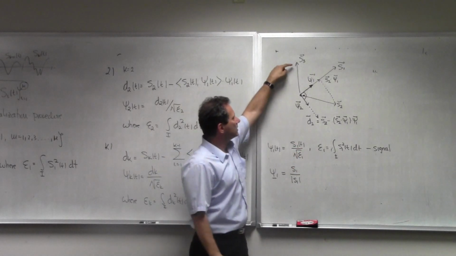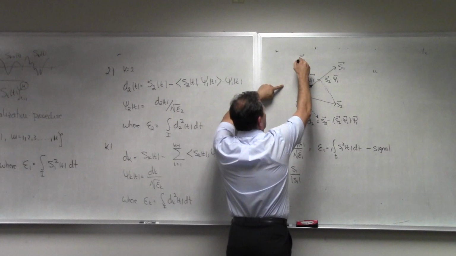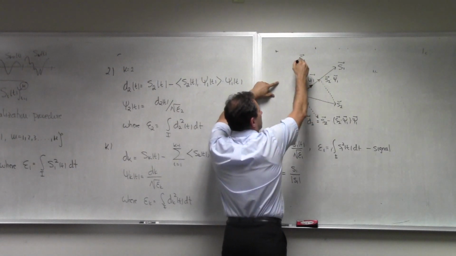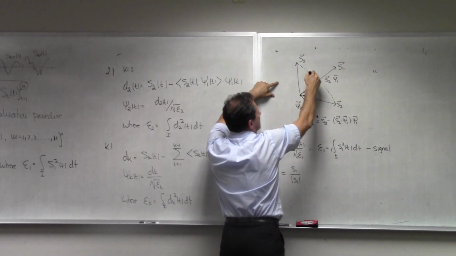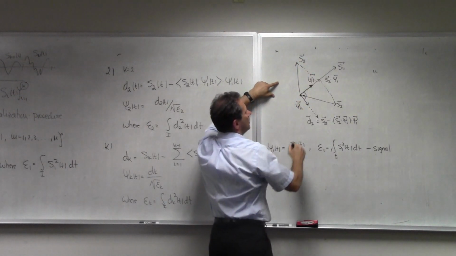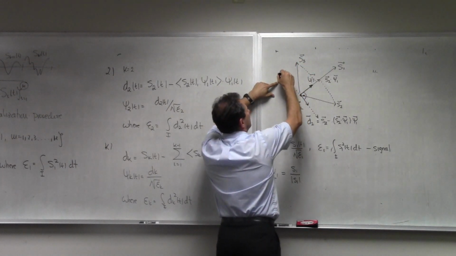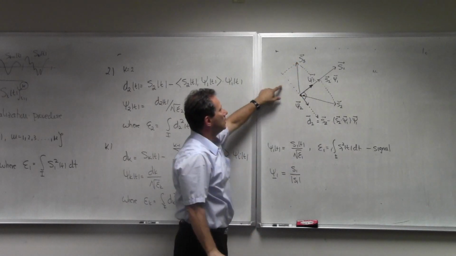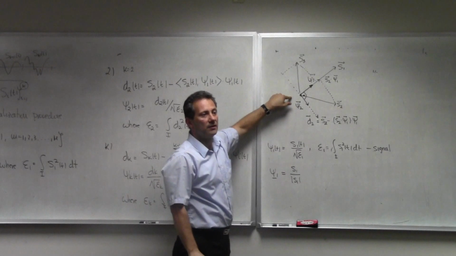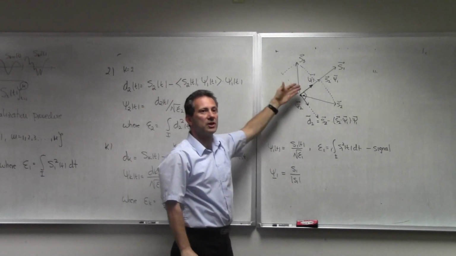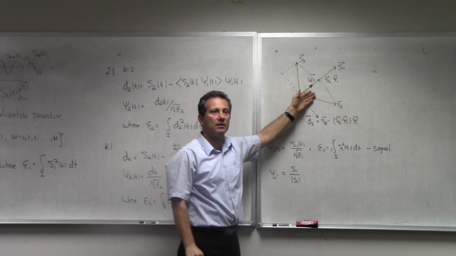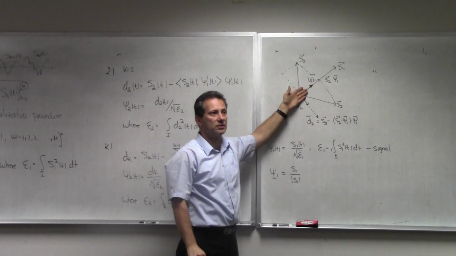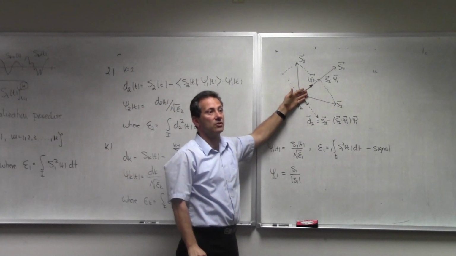Now if I take S3 and I try to do this with S3, here's what you find out. This is S3 projected to the psi1. This is S3 projected to psi2. Is there anything left? If I take S3 minus projection of S3 to the psi1 minus the projection of S3 to the psi2, I get 0.